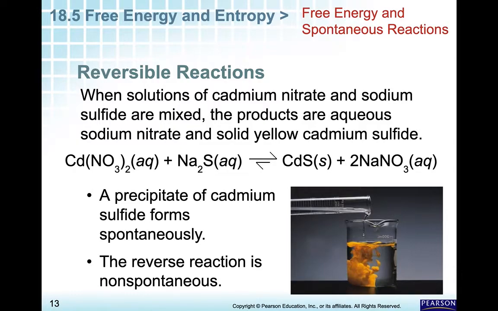This one is favorable. We form lots of product. The reverse reaction is non-spontaneous. We really aren't able to effectively take this cadmium sulfide and break it apart, dissolve it in water to make these compounds.